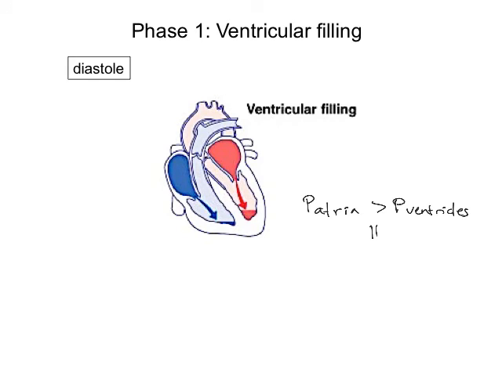So as we know, this means that the AV valves open. Okay, and so now we're back to filling up the ventricles with blood. Blood returning from the veins enters the atria and passively fills the ventricles. And then we'll go to that phase where the atria contract and push the last bits of blood into the ventricles.